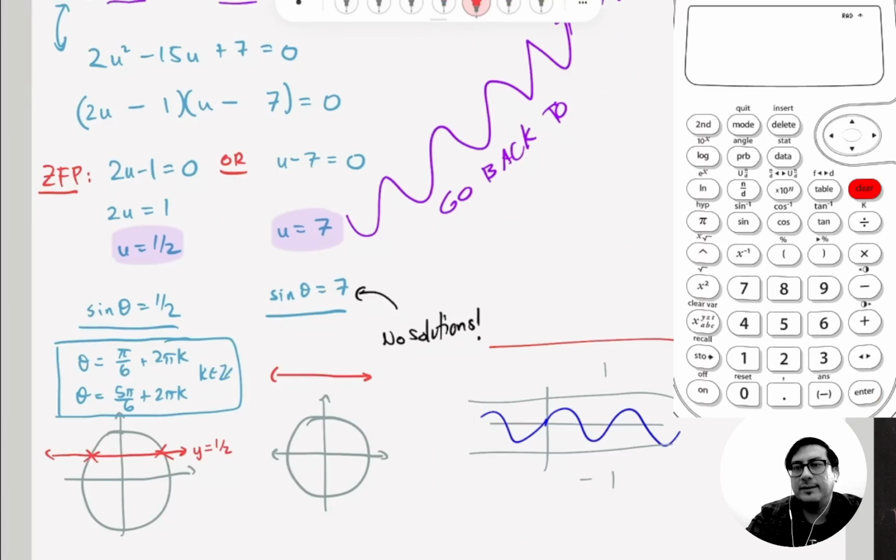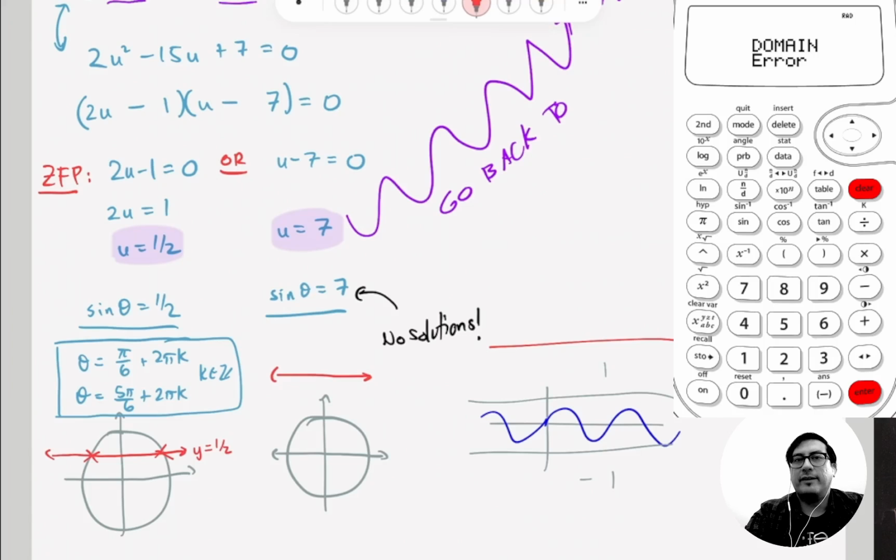Let's try second sine inverse of 7. Error, domain. There is no value for that. You can't put in 7 into the inverse trig. Remember, the inverse trig functions only can eat in the domain -1 to 1.